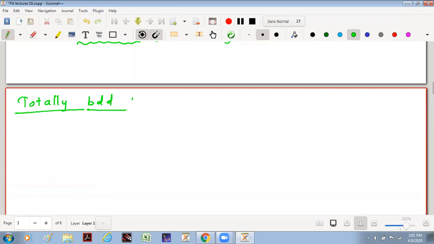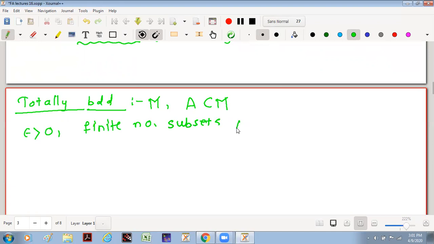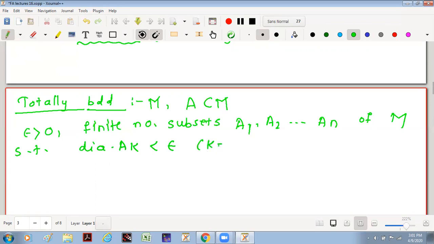Suppose we have a metric space M, and a subset A of M is said to be totally bounded if, for a given epsilon greater than 0, there exists a finite number of subsets A1, A2, up to An of M such that the diameter of every Ak is less than epsilon for k equal to 1 to n, and A is contained in the union of Ak, k running from 1 to n.